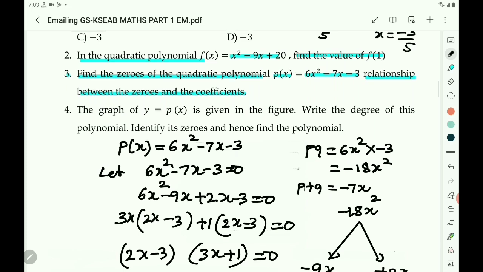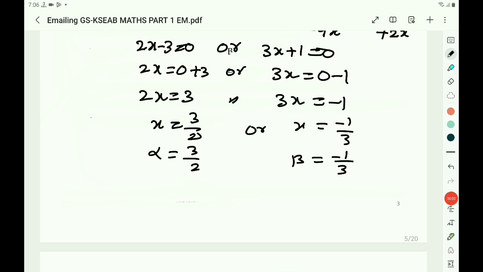Next, what we have to find out? We have to find the relationship between the zeros and the coefficients. To find the relation, take first alpha plus beta. Alpha plus beta is 3/2 − 1/3. Here you take the LCM, which is 6.